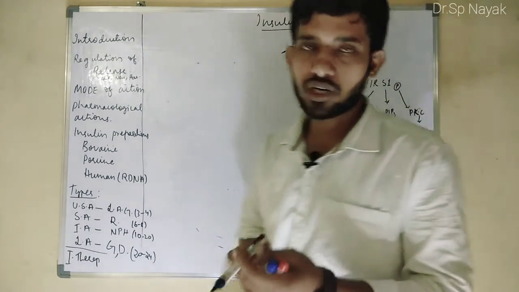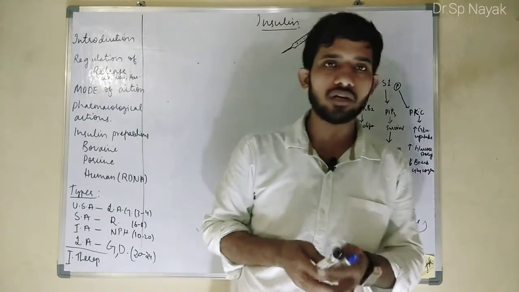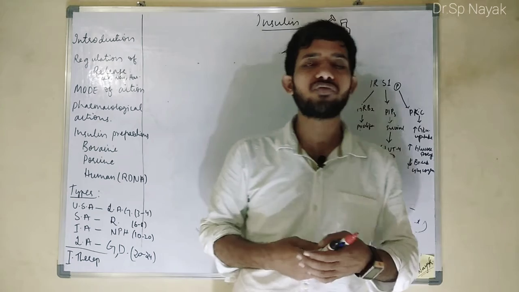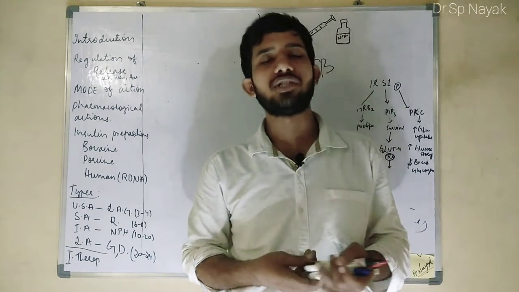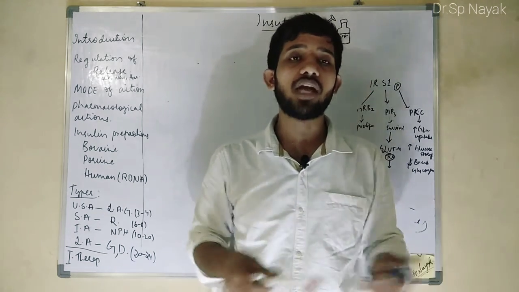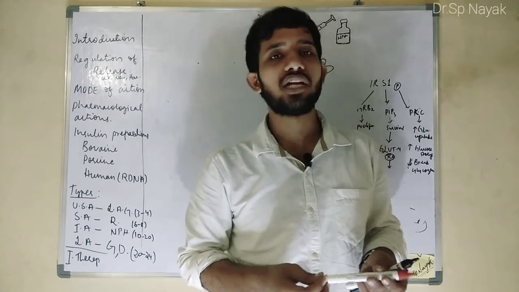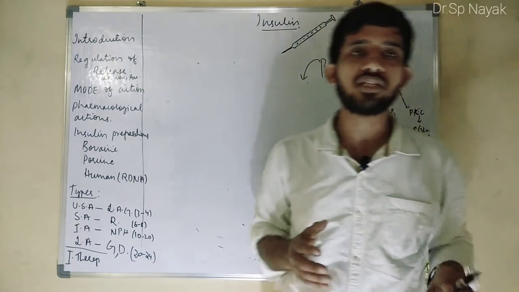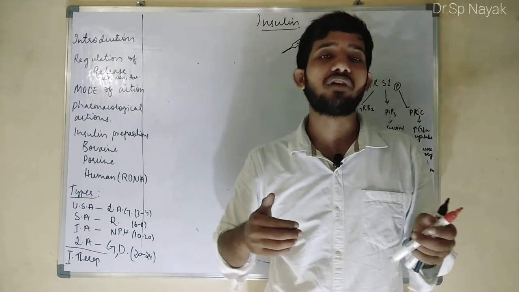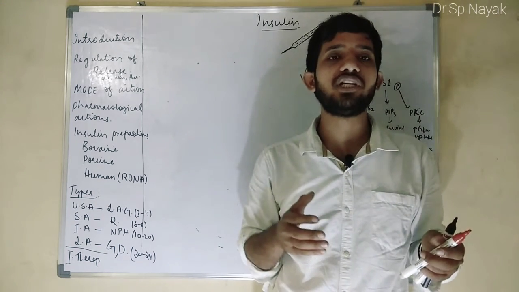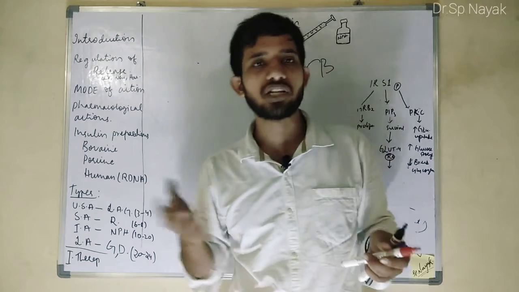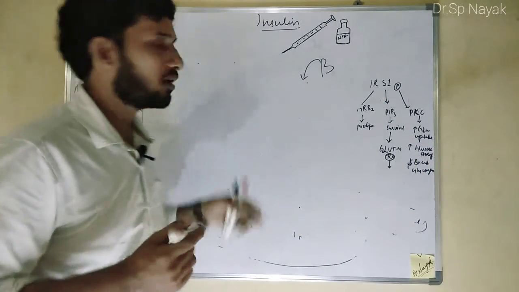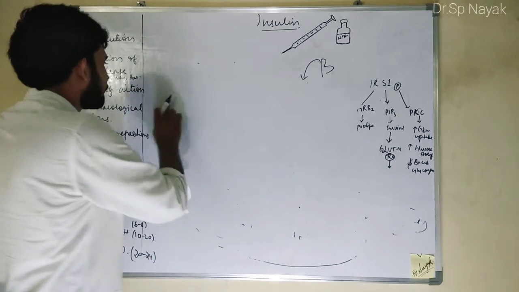Actually, it is very important for us to prepare insulin because insulin is very useful in diabetic conditions, especially in type 1 diabetes. Type 1 diabetes is a condition where the beta cells of the pancreas stop production of insulin. So in these patients, we require insulin from an external source. That is the reason we have to synthesize insulin.